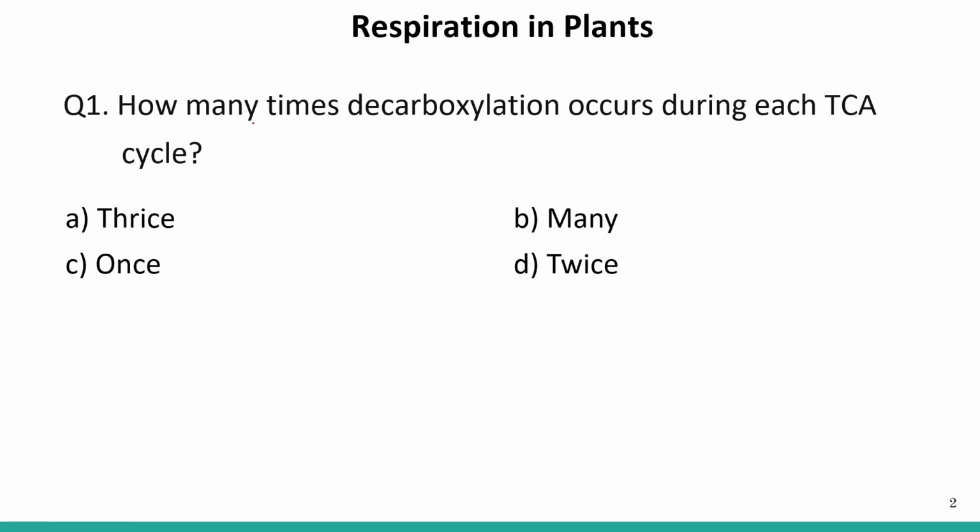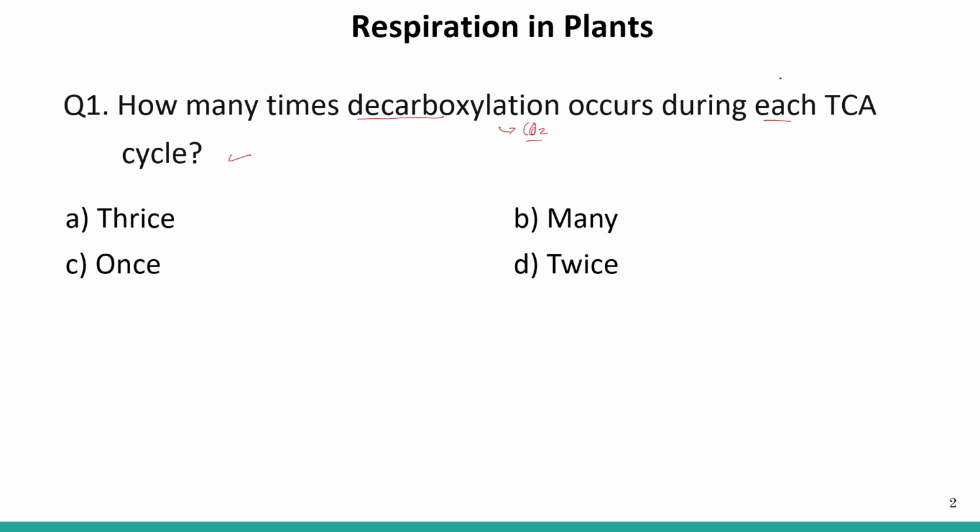So here they are asking how many times decarboxylation. Okay, decarboxylation means what happens during decarboxylation? There is a release of carbon dioxide. Okay, there is a loss of carbon dioxide. So they are asking how many times decarboxylation occurs during each TCA cycle.